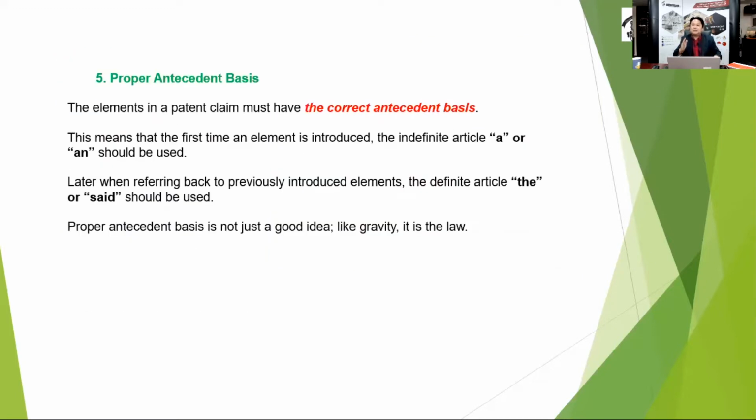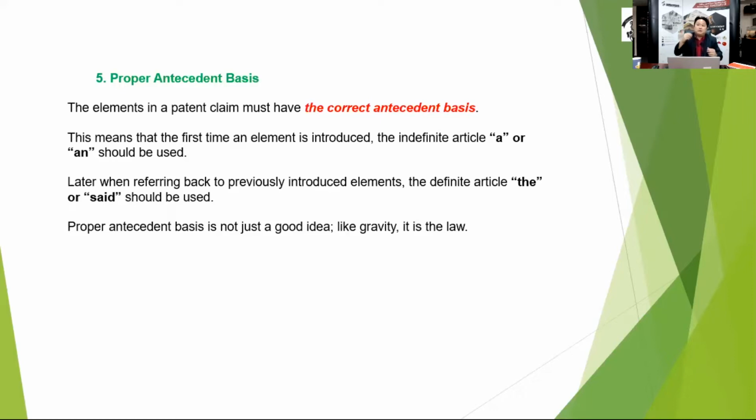Antecedents. When you draft your body claims or your whole claims, please remember the correct antecedent basis. Antecedent is very simple. In the independent claim, when you first introduce an element or an article, you must put the word a or an.